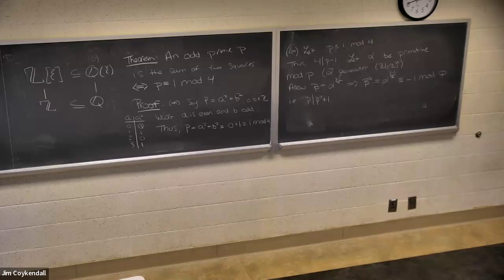So in the Gaussian integers, it divides this product, but clearly p doesn't divide beta minus i or beta plus i. Why? Well, simply, it would have to divide both coefficients, and p doesn't divide the one. So what does this mean about p in the Gaussian integers? Not prime. Yeah, exactly.